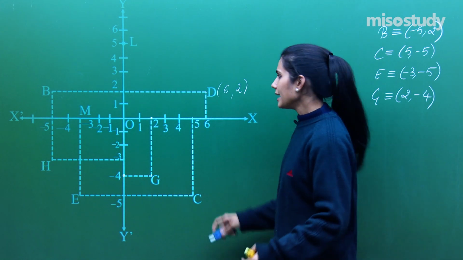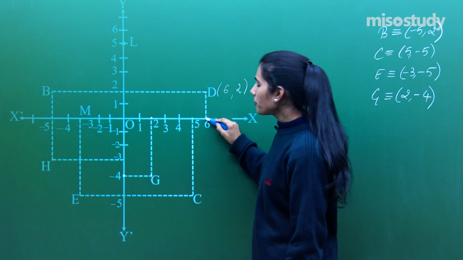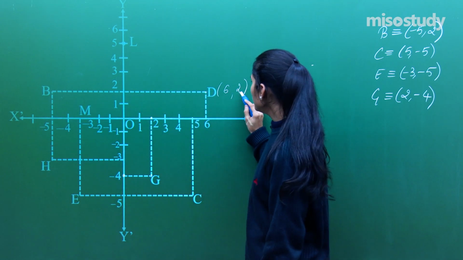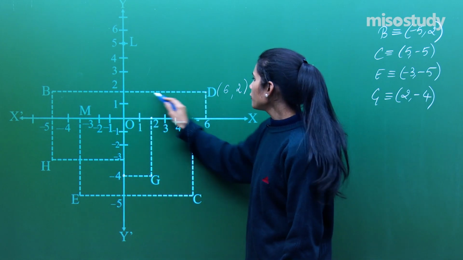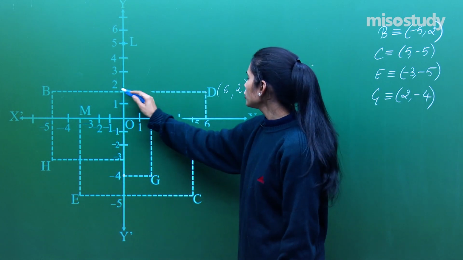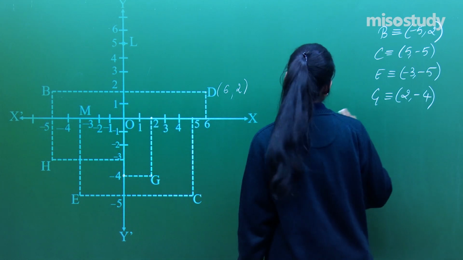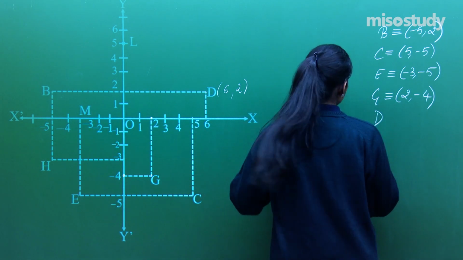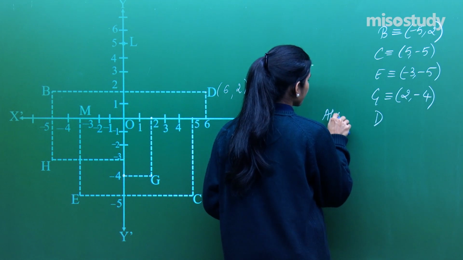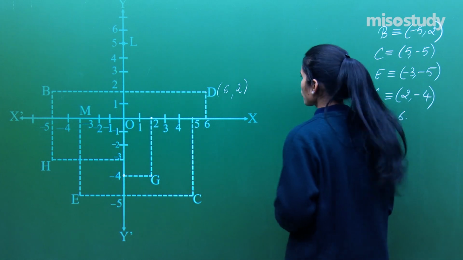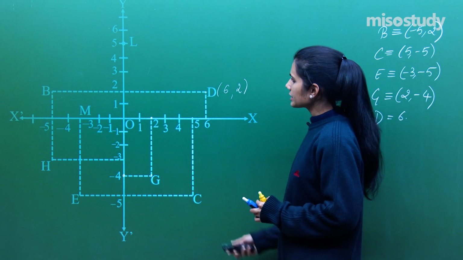Or you can see it like this also: the distance of point D from the x-axis is this much, which is 2, so that will be the y coordinate, and the distance of point D from the y-axis is this much, which is 6 units, so that will be the x coordinate. So D is 6, 2, so the abscissa of D is 6, that means the x coordinate of point D is 6.